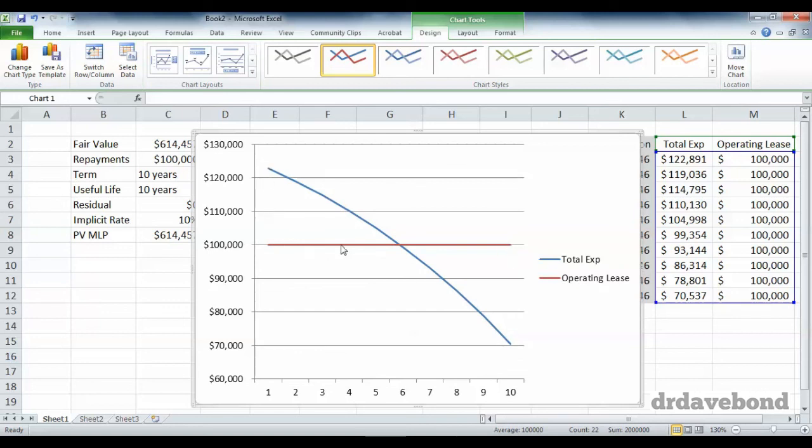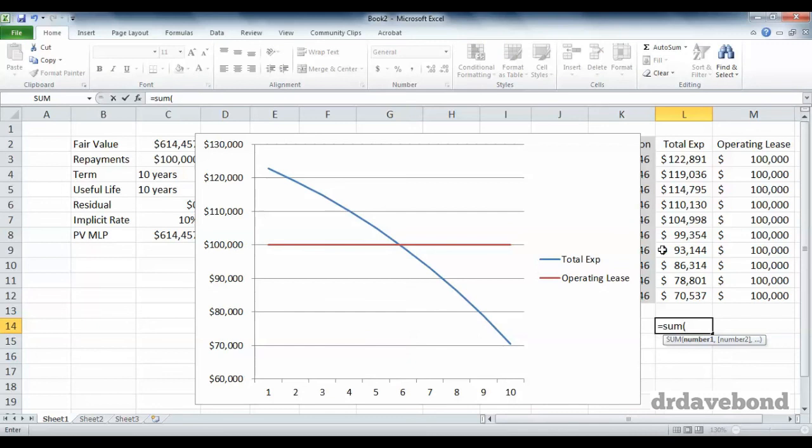So in the early years, the profit and loss impact of having it accounted for as a finance lease is bigger. So the expense is bigger, meaning the profit will be smaller up until about year 6, and only after that point does the total expense become lower for a finance lease, and so it ends up looking a little bit better at that point in time.